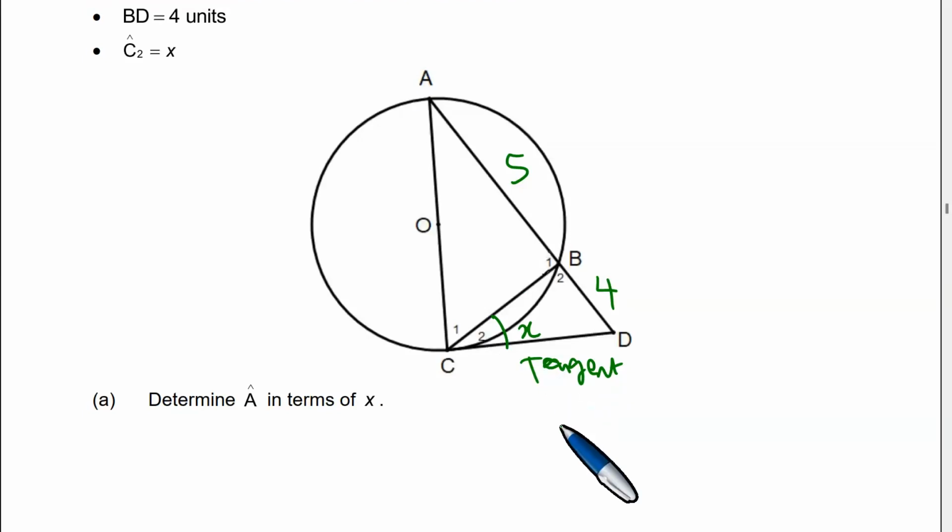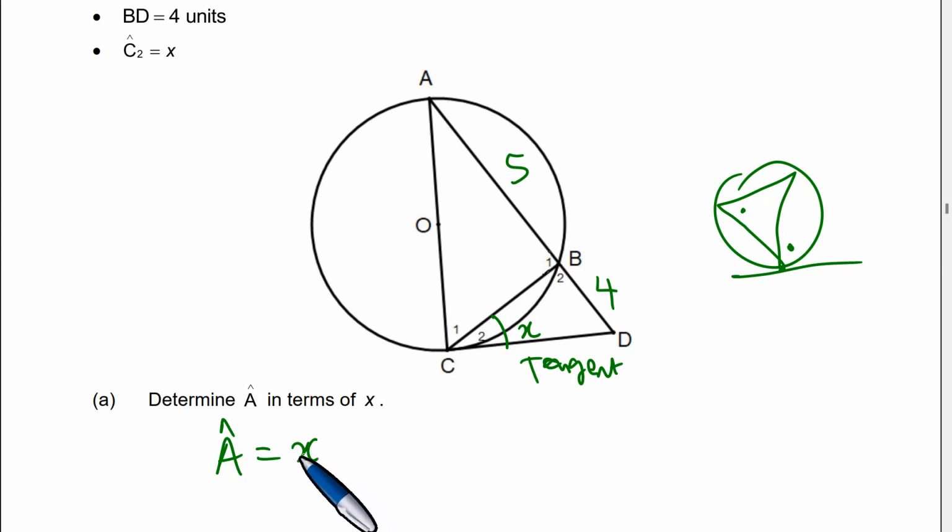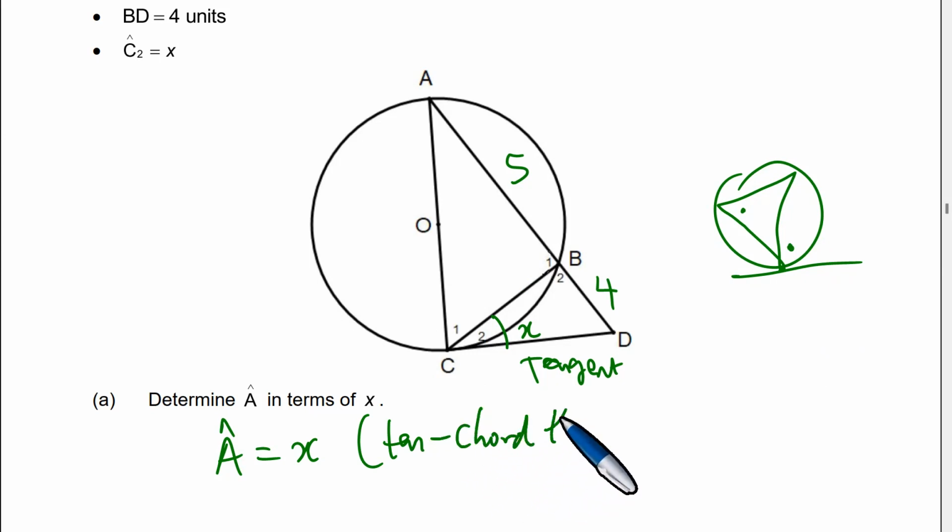Since DC is a tangent, from the tan-chord theorem we know A equals x, the tan-chord theorem.